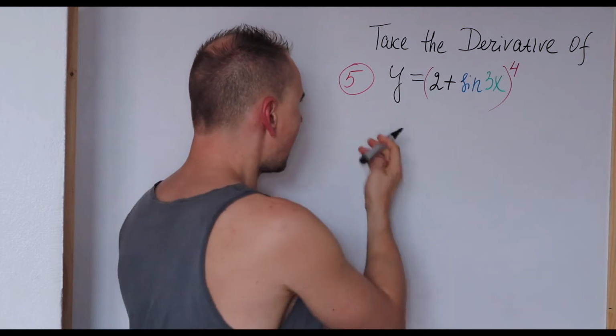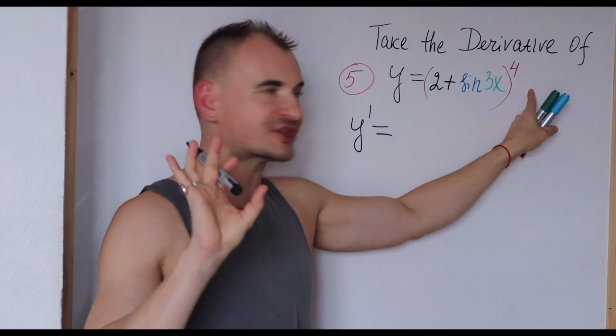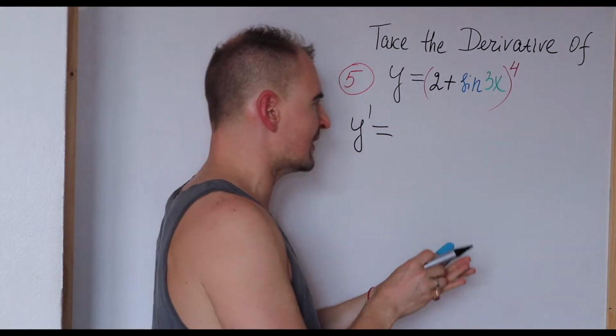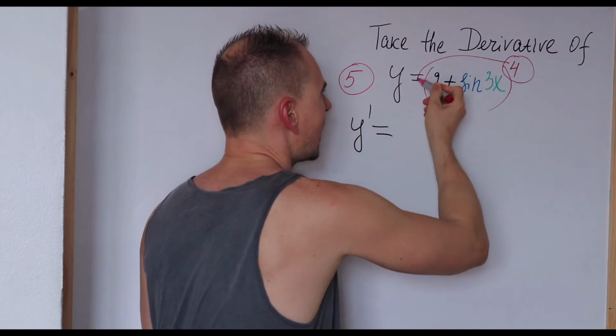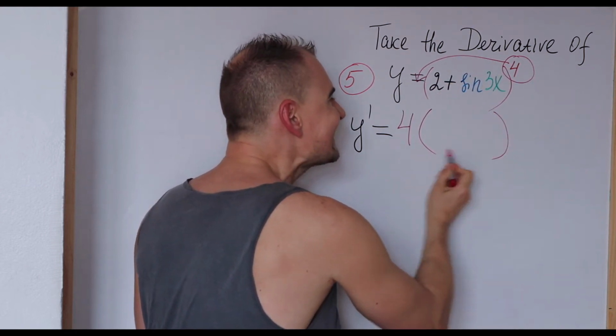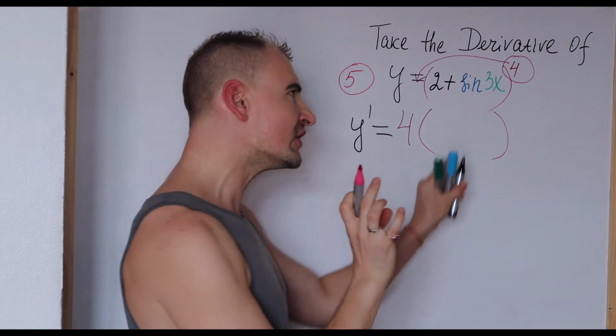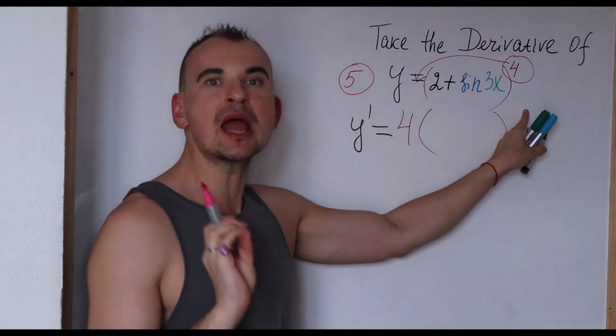So y prime, the derivative of this function, equals the most outside, which is a power. So by the power rule, you want to bring this power out front as the coefficient. You want to keep your expression, whatever you are given, and you want to reduce your power by 1.